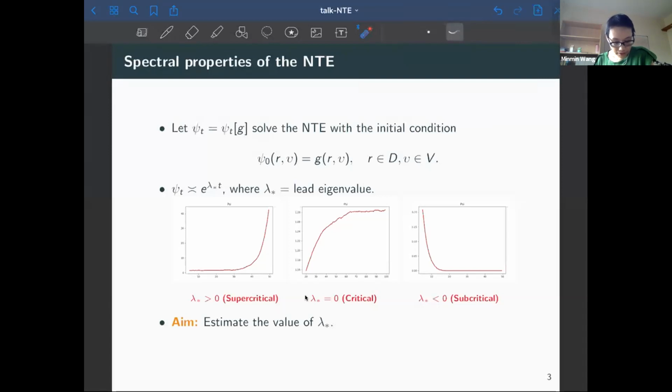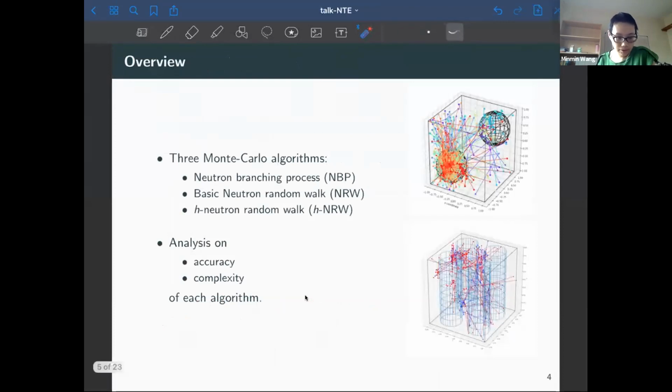So our aim here is to estimate the value of this lambda star by solving the neutron transport equation using some Monte-Carlo method. We're going to see 3 approaches, so 3 algorithms. All 3 of them follow very naturally on from what Emma talked about this morning.